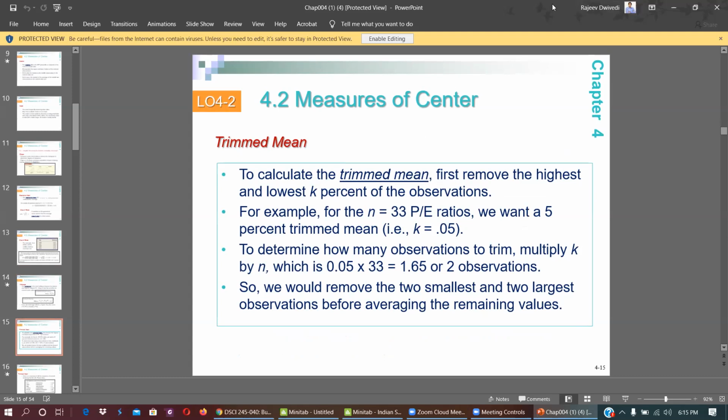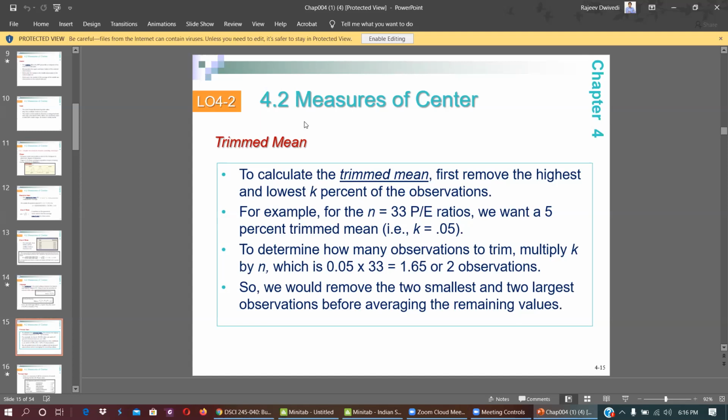For example, if there are some unusual points at the beginning of the data and at the end of the data, then those can be trimmed. You can trim 5% or 10%, meaning 5% at the beginning and 5% at the end, and then you get the middle data, which can be used for data analysis.